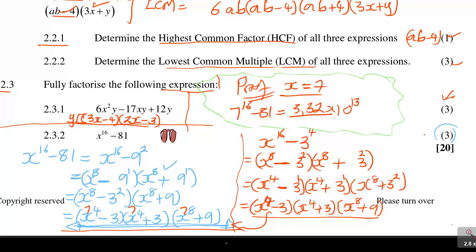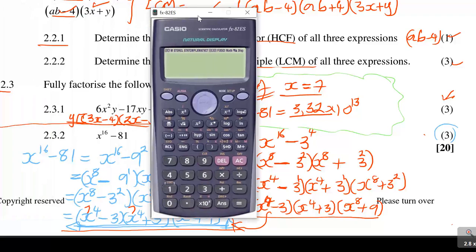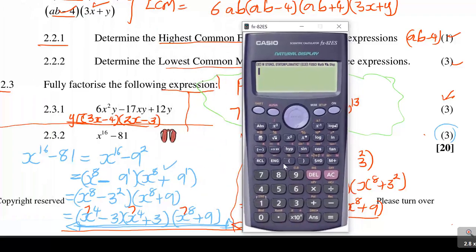I must get the same answer in my final answer that I got. Is my bracket. Remember it's 7, which is 7 to the power of 4, minus 3. Close the bracket. Open another one. 7 to the power of 4, plus 3. Close the bracket.